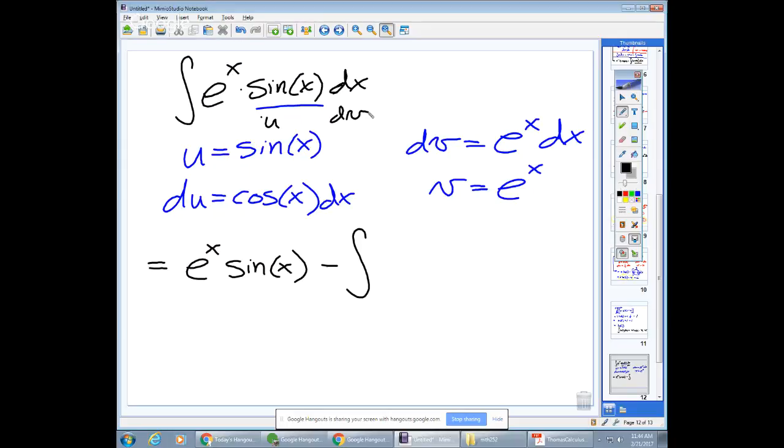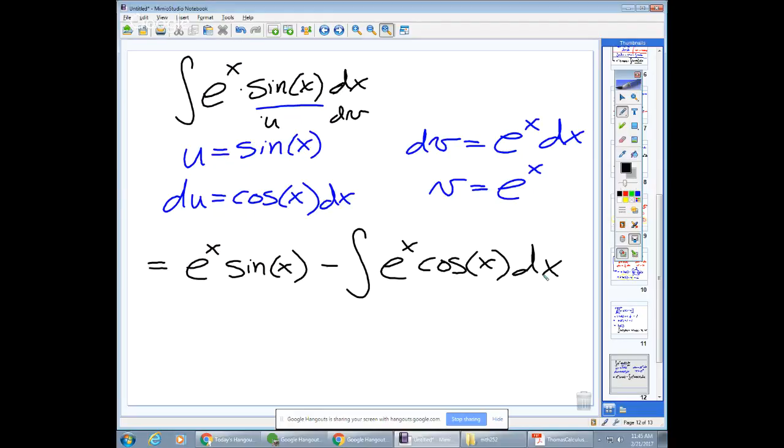So that's going to be v du, e to the x cosine of x. Okay. Am I any better off than I was? I'm actually about the same place that I was before, because there's not much difference between sine and cosine. They're just shifts of each other. All right, so I'm essentially in the same place I was before.